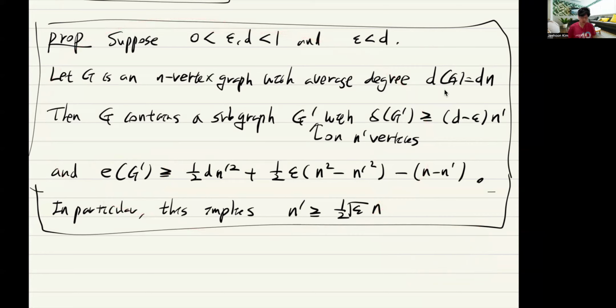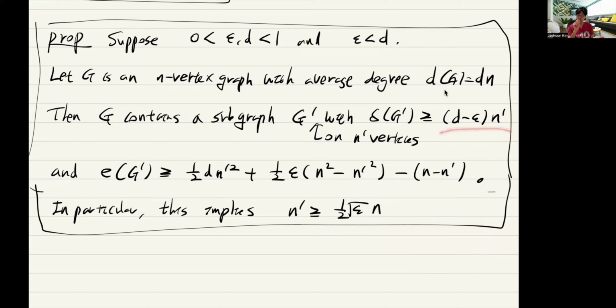In fact, this proposition is not difficult. If your original graph satisfies this condition with n being n prime, then we are happy. Otherwise, you take a vertex whose degree is smaller than this, and you delete it. Then you look at your new graph. If that satisfies this minimum degree condition, then you are happy. Otherwise, you take one vertex with a lower degree and you delete it. You keep doing that. While doing that, you can keep track of the number of edges in the remaining graph.